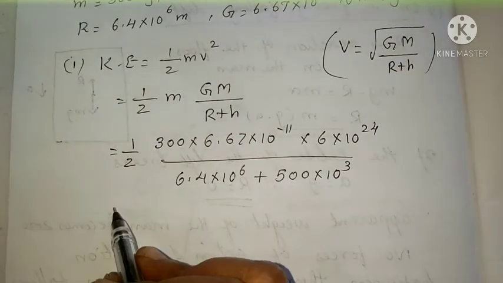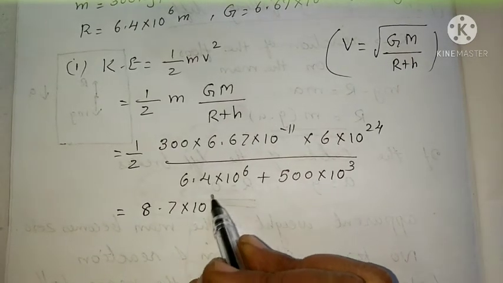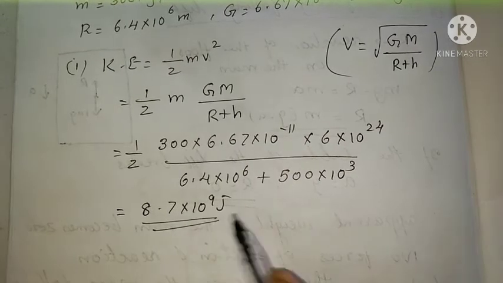After calculating, we get the answer 8.7 into 10 raised to 9 joule. This is the kinetic energy.